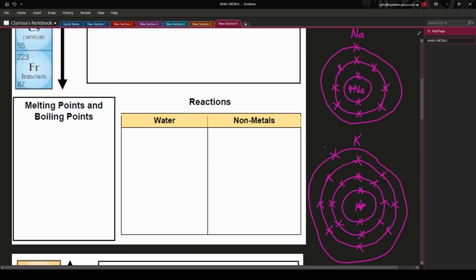And these electrons are all negatively charged. Remember, positive attracts negative. So the nucleus holds the electrons to it, because its positive charges attract the negative charges. Well, if you think about potassium, for instance, let me use a different color so you can see clearly.